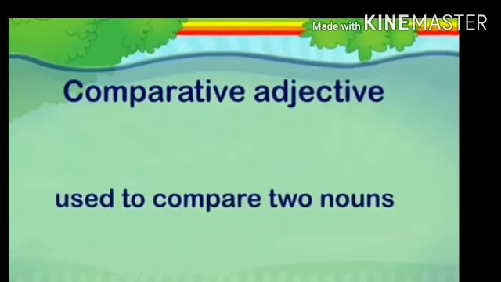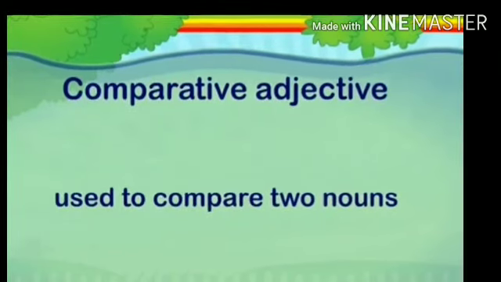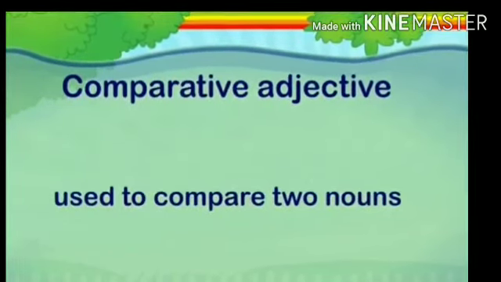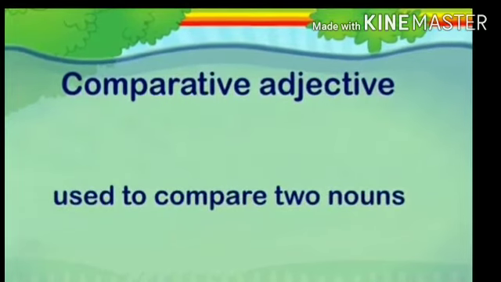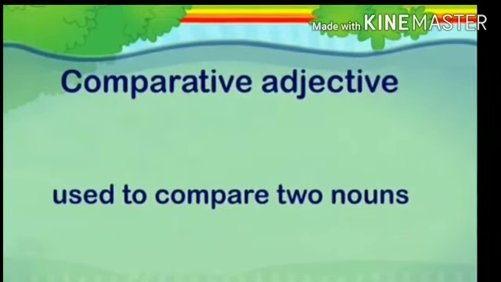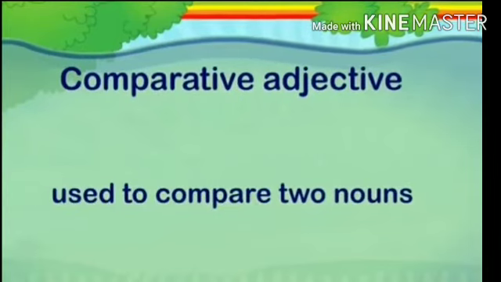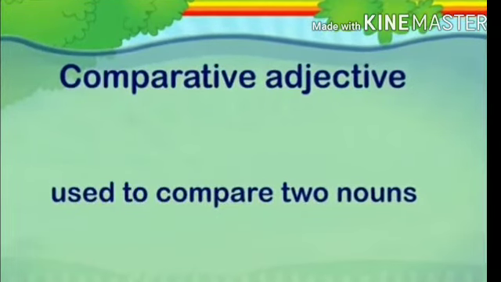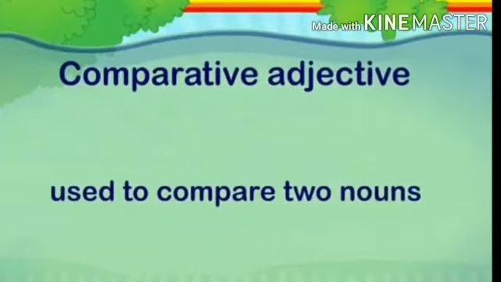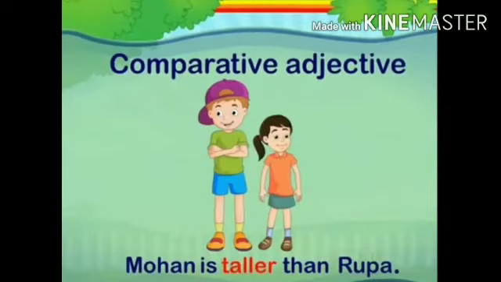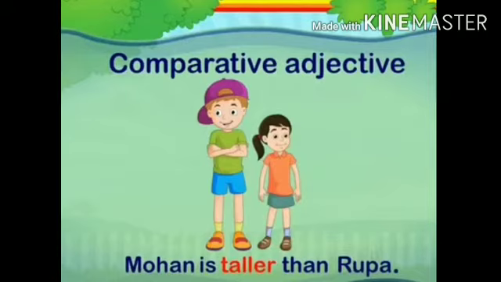Now what is a comparative adjective? A comparative adjective is used to compare two nouns. It means when a comparison is done between two nouns, it is known as a comparative adjective. Now have a look at this example. Mohan is taller than Rupa.